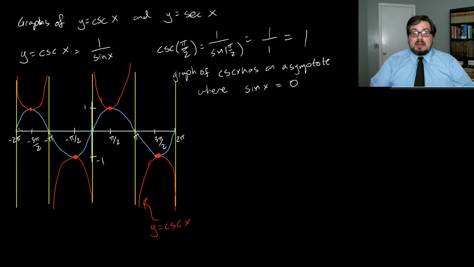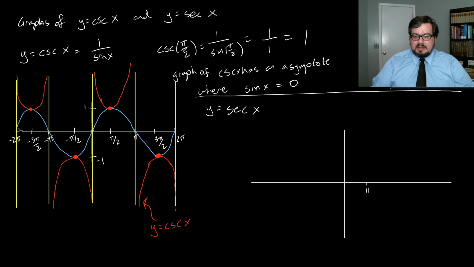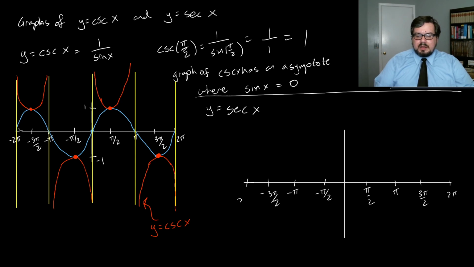And once we've seen this, graphing secant is almost exactly the same. We're just going to start with the graph of cosine rather than sine. So if we want y equals secant x, we'll do something very similar. We're going to have our pi over 2, pi, 3 pi over 2, 2 pi, negative pi over 2, negative pi, negative 3 pi over 2, negative 2 pi, and we've got our special values of 1 and negative 1.